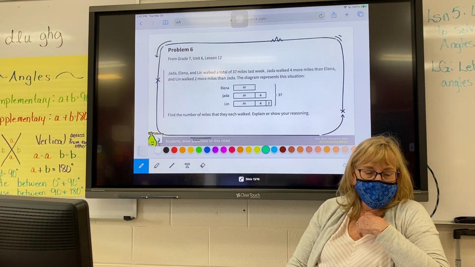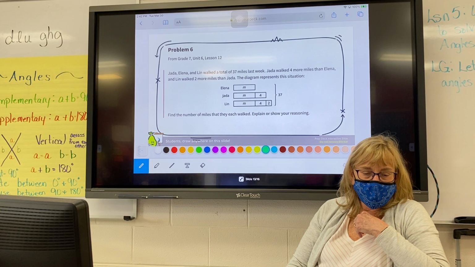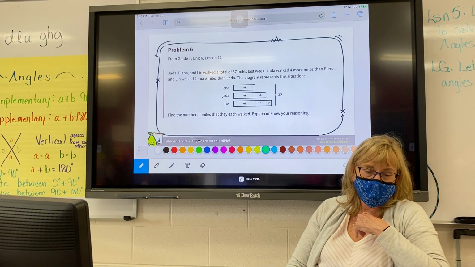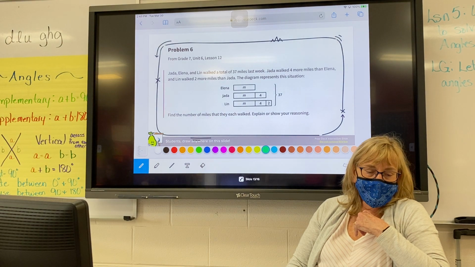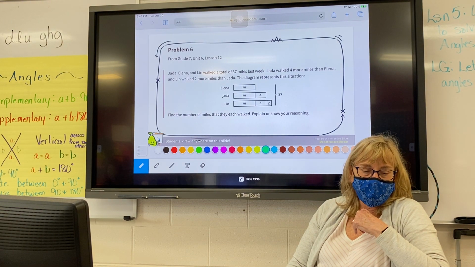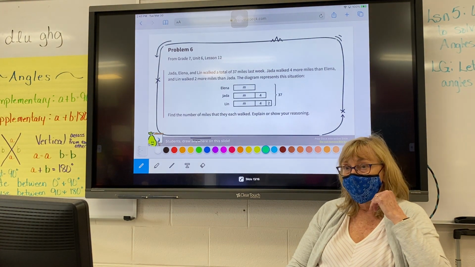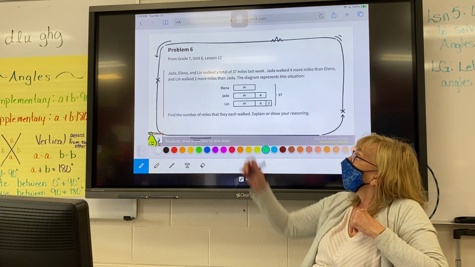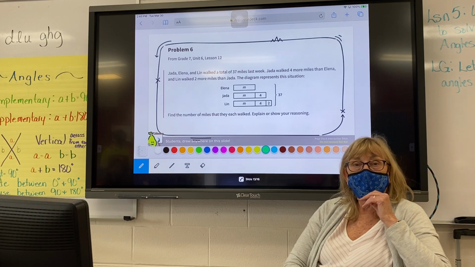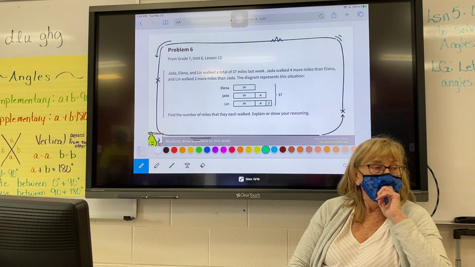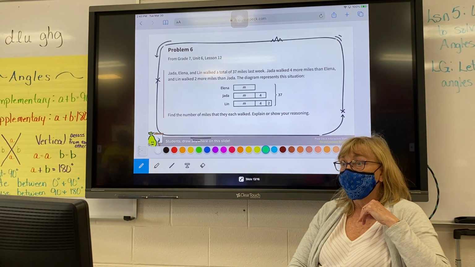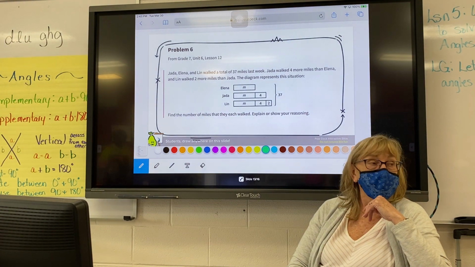Jada, Elena, and Lynn walked a total of 37 miles last week. Jada walked 4 more miles than Elena, and Lynn walked 2 more miles than Jada. The diagram represents this situation. Why is Elena M? Because we don't know how many. We don't know Elena at all, and everything is based off of Elena. So she's going to be our variable.